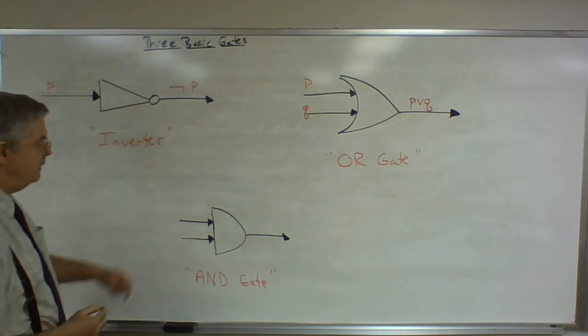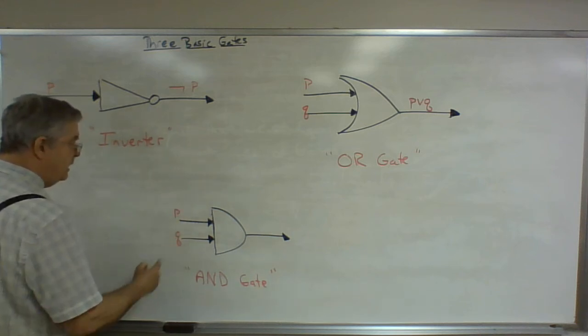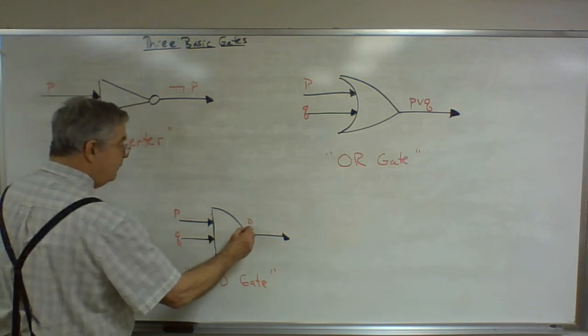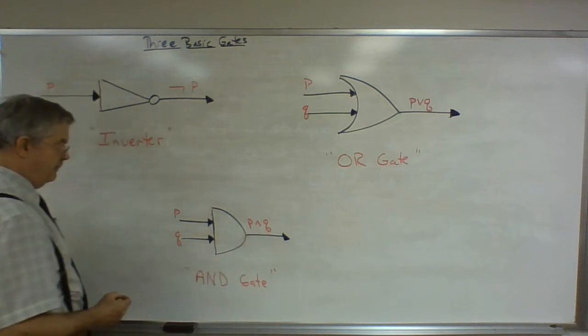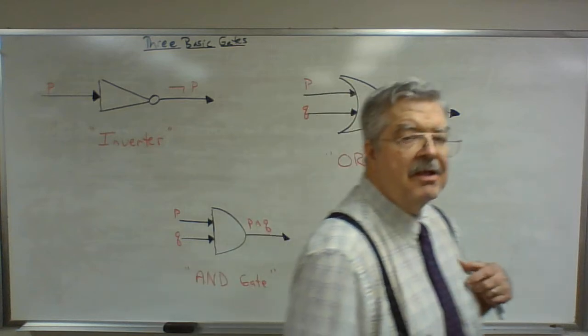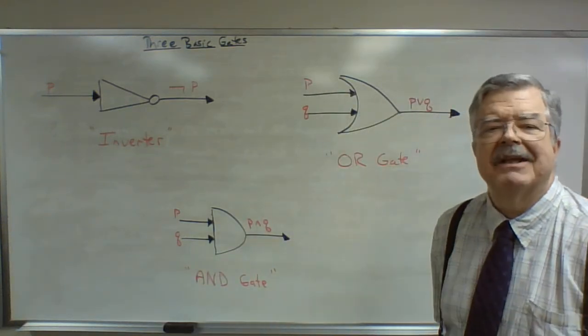It has two signals as input, which we'll call P and Q. And as output, it has the conjunction P and Q. So those are our three basic logic circuits or logic gates.